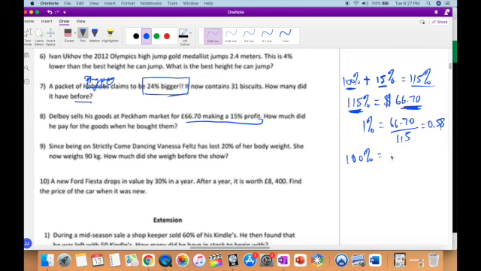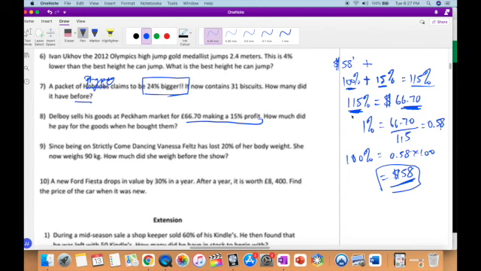100% now is 0.58 multiplied by 100, which is $58. So this guy bought something for $58. So $58 here, and then he sold it for 58 plus 15%.